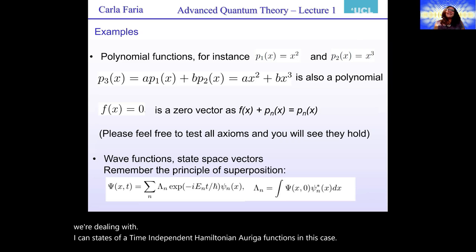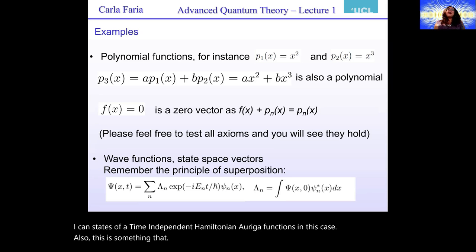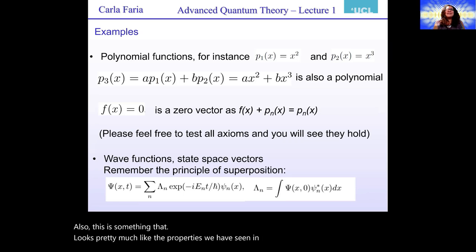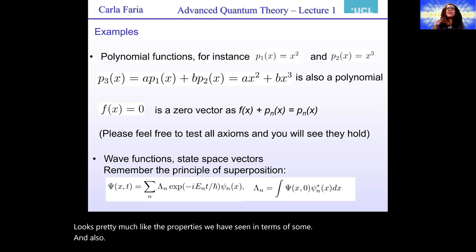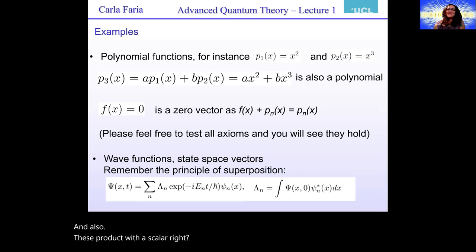Also, this looks pretty much like the properties we have seen in terms of sum, and also this product with a scalar, right? Behaving like a vector.